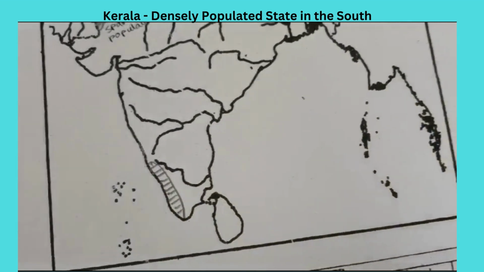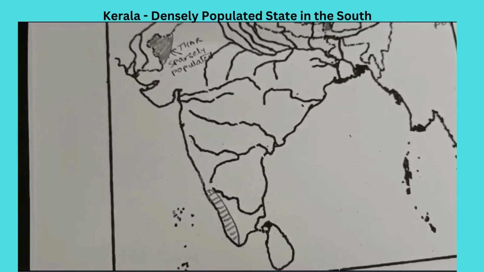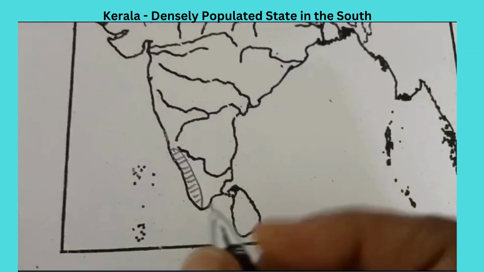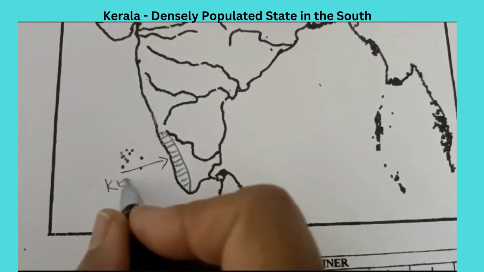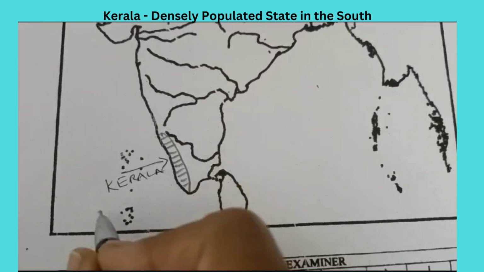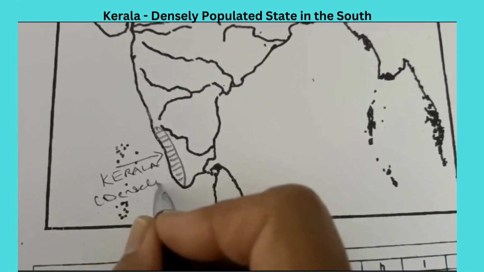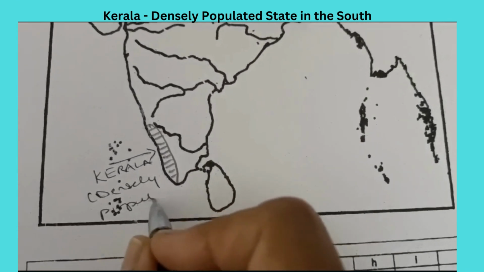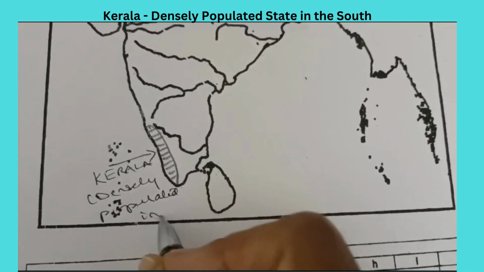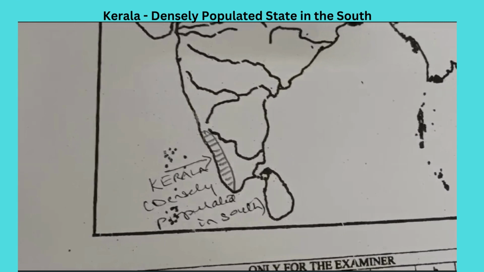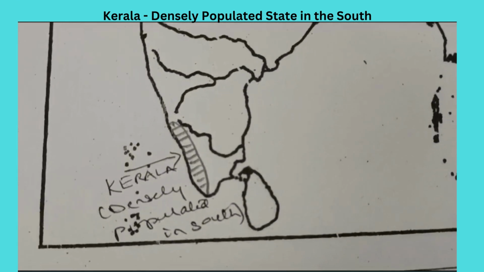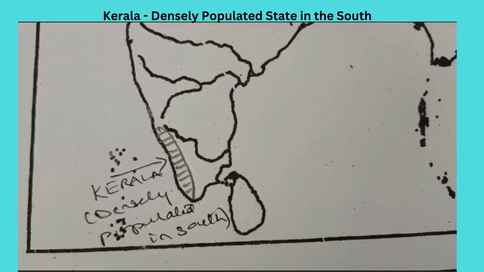You can use green color. If you wish to use any color, you can use green color to show the densely populated state. Now this is Kerala. Densely populated in south. This state is apparently also the state with highest literacy in the south. So if there is an indirect question, you can write it in that manner.